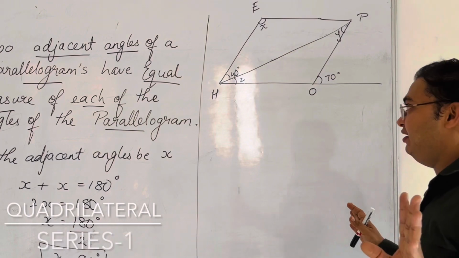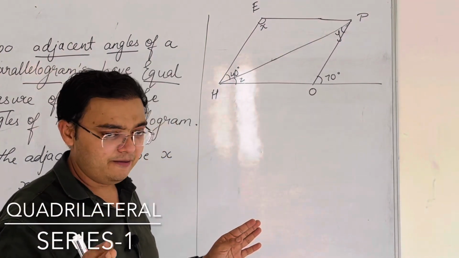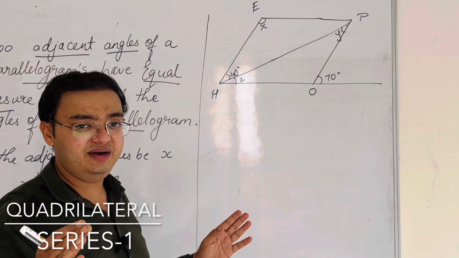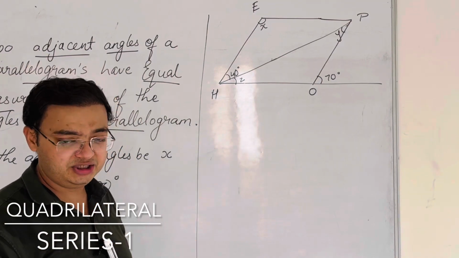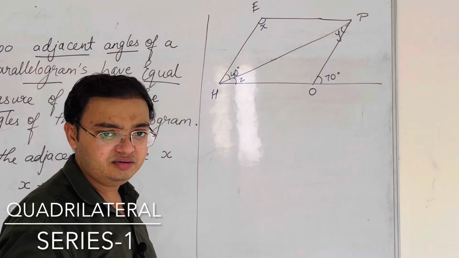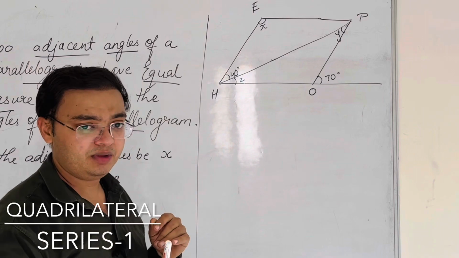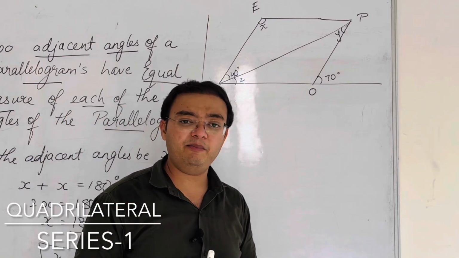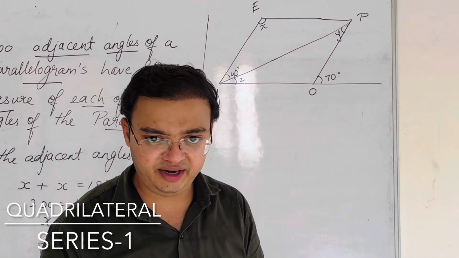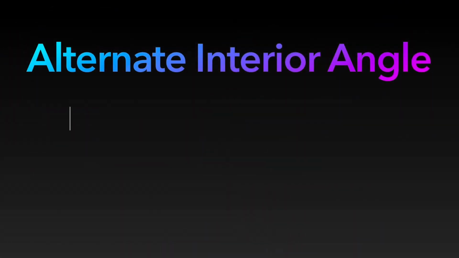Second one. This is how I taught you in my last video, but there are some differences there, that's why I've taken this question. Here I have to find all the unknown angles, that is x, y and z. Let's recall a few properties from previous grades, like alternate interior angles.